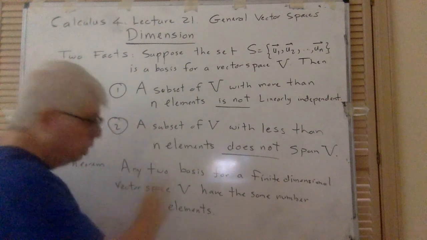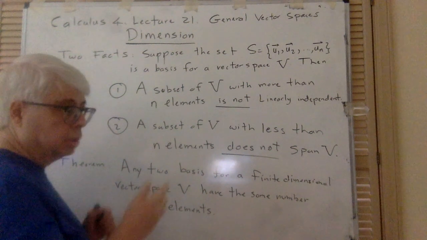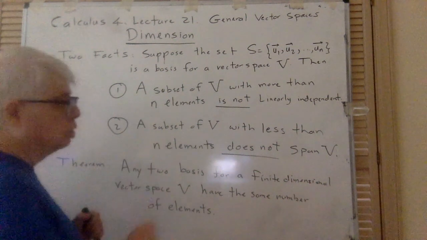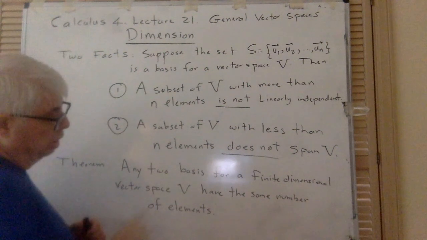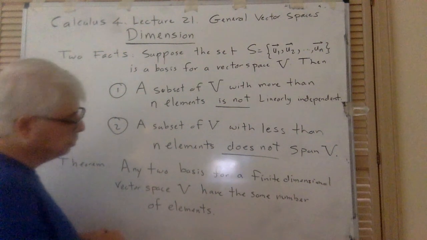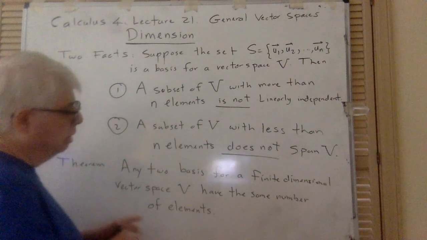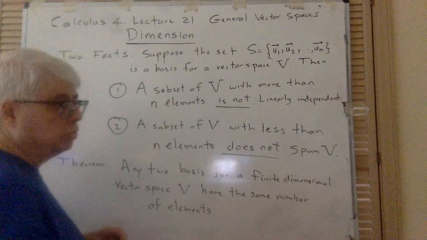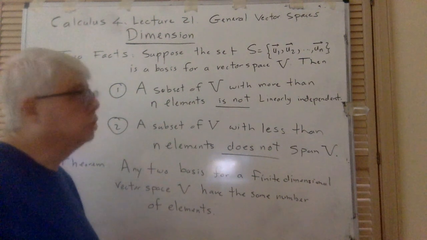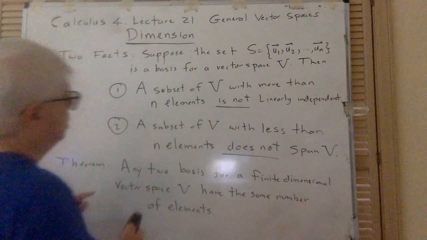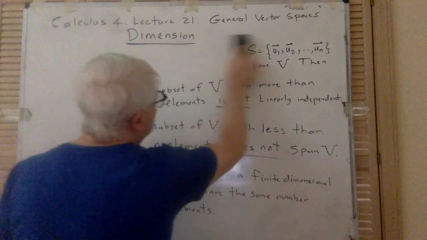When you look at V, you immediately say, yeah, I know, this n is something attached to this. It's like on its face. This n, which is attached to this V, is invariant. So this number, we call the dimension of V. Okay, so let's use this theorem, which comes from these two facts, and define dimension.